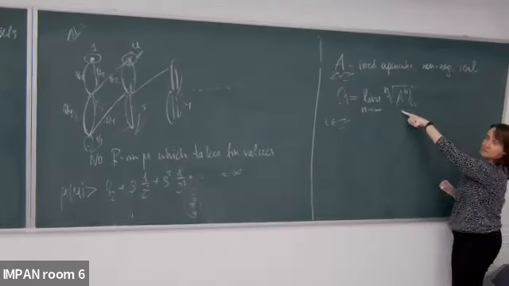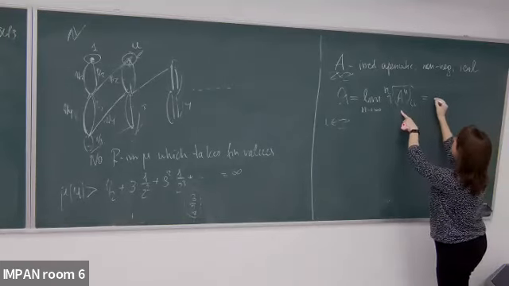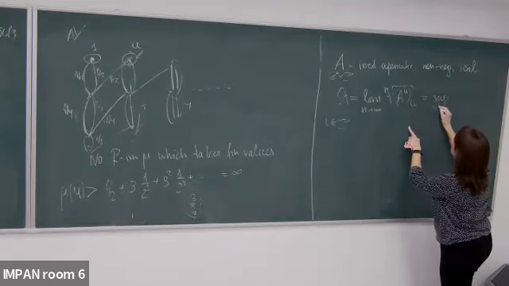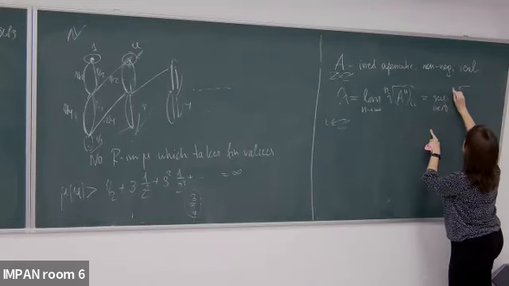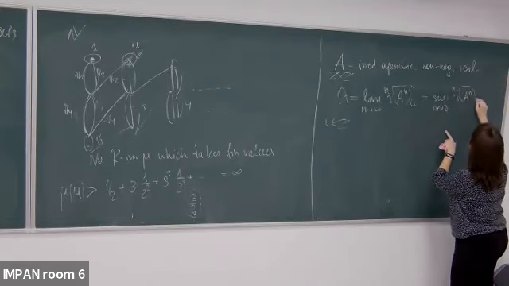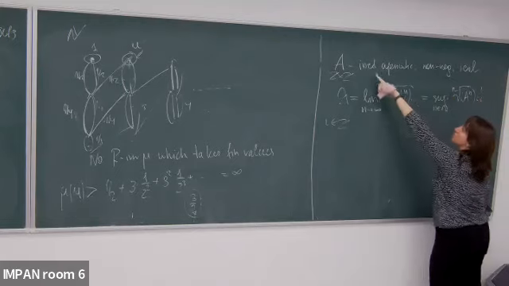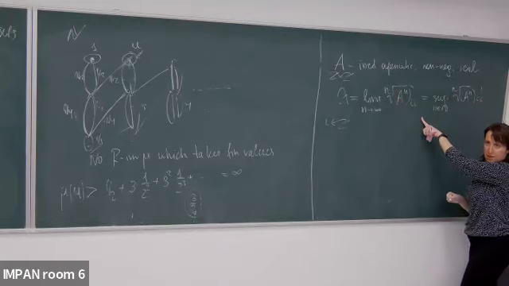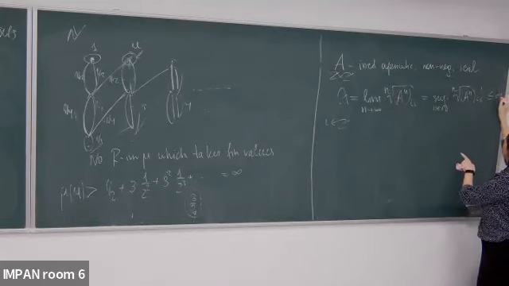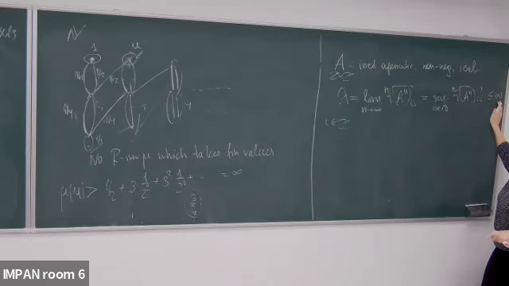Then such a limit exists, and it is the same as the supremum over n. Since it's irreducible, it does not depend on i, and it can be finite or infinite.